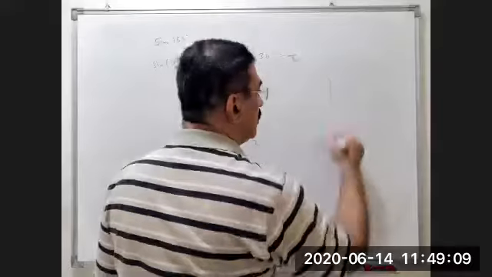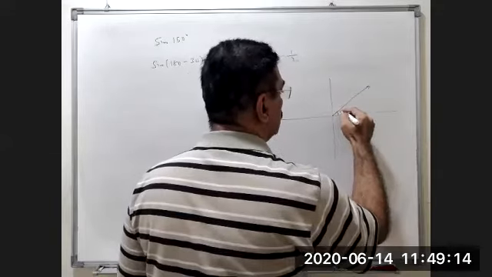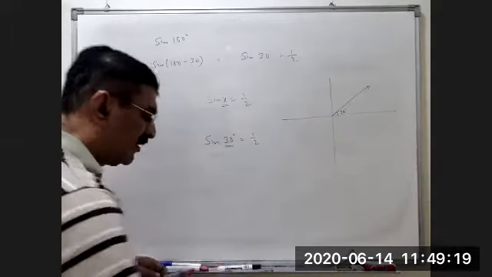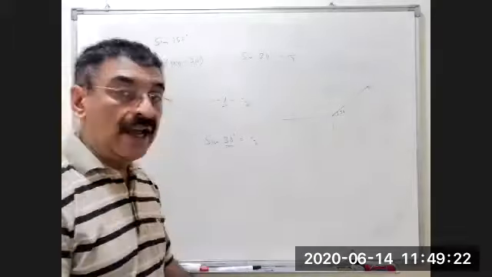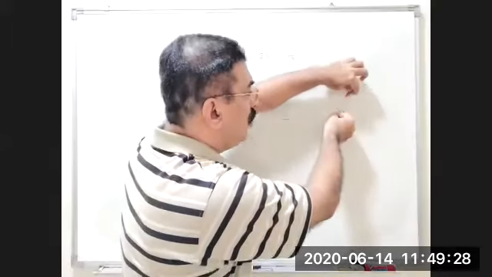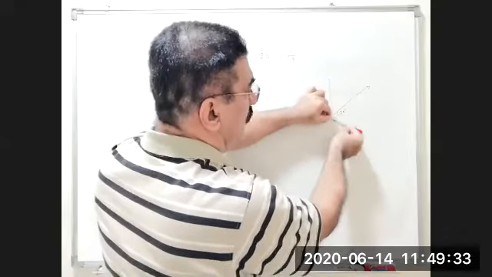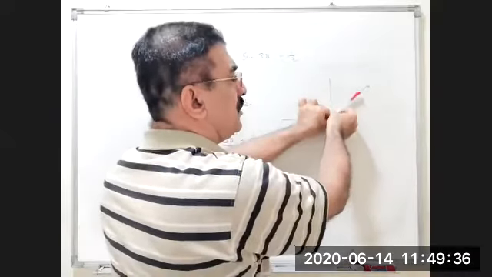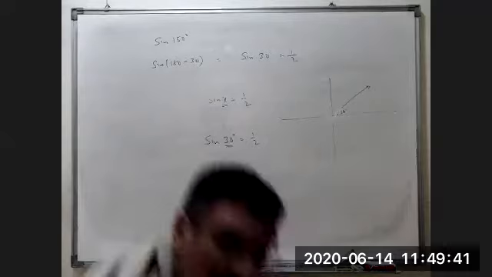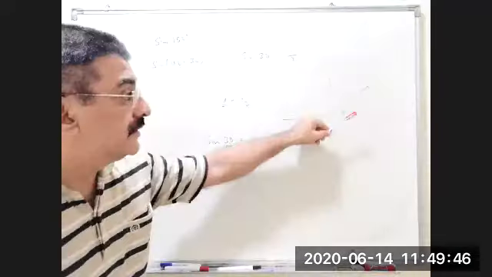We know sin 30, this is 30 degrees, and it gives 1 by 2. We learned about the terminal ray. An angle is formed when a ray moves, 30 degrees. Again, if it keeps on moving, it becomes 360, and again 30 makes 390. For sin 390, the position of the terminal ray is the same as for 30 degrees.